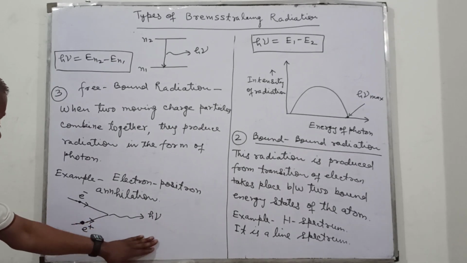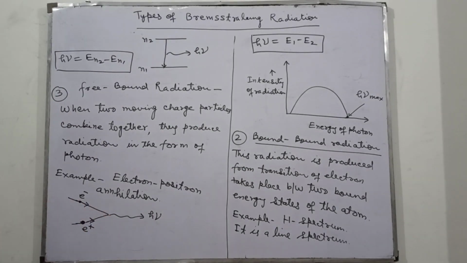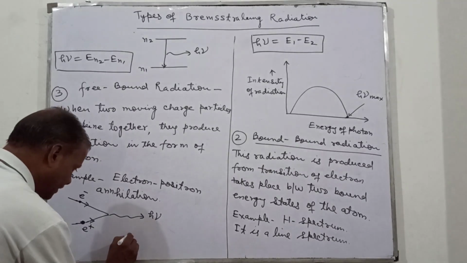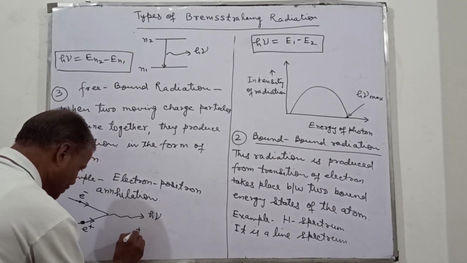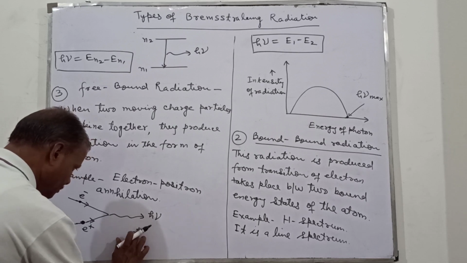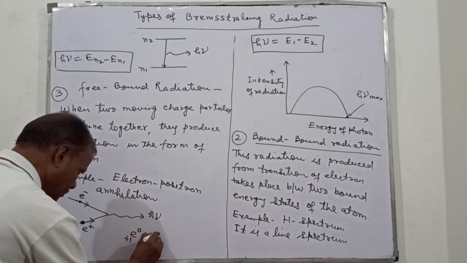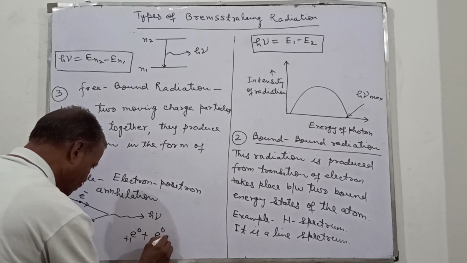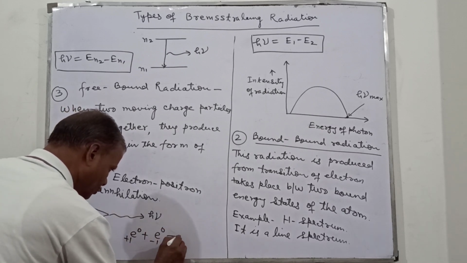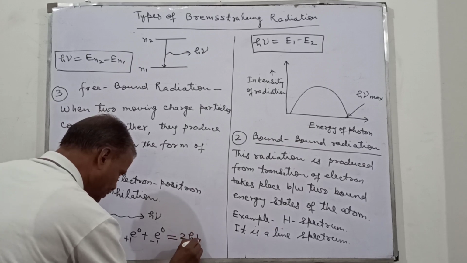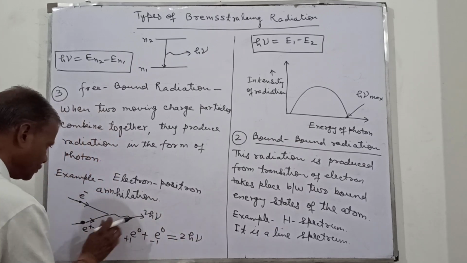So now we can write this as E plus and E minus, which is equal to 2h nu.